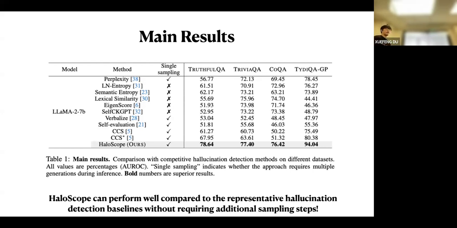The intuition they rely on is that if multiple generations from the language model are not consistent, then the generation is probably false. That's their intuition.